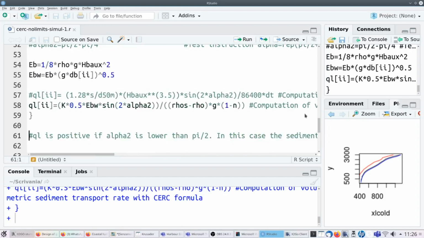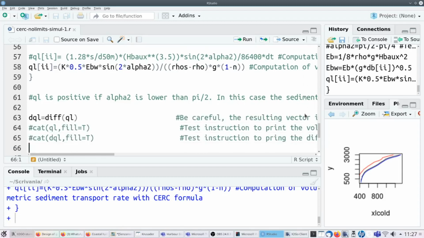So QL positive in each spatial step means that the sediment transport is from right to left in our exercise, according to the conventions, according to how we represented the wave angle, and according to the given geometry of the coastline and the given wave direction. Okay, very good. Now let's move forward.